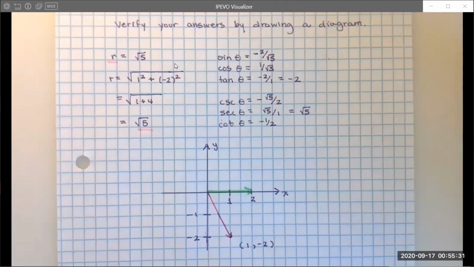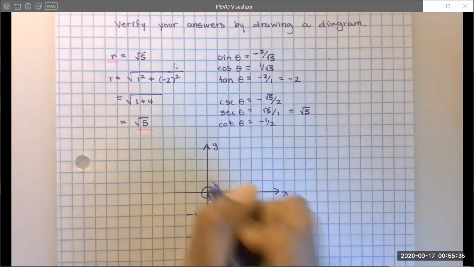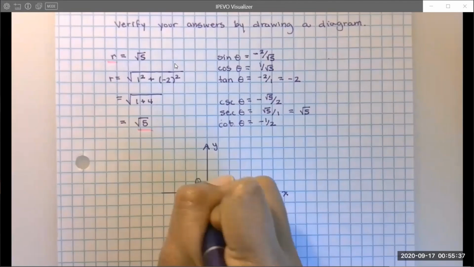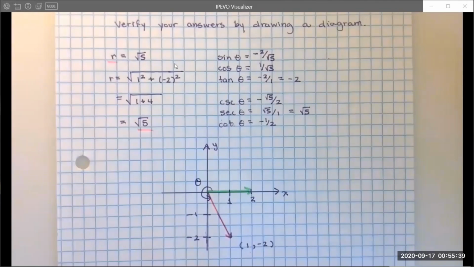Now we have to draw a reference angle because this is not acute. It terminates in quadrant number 4. So where is the reference angle between the terminal side and which part of the x-axis? The positive, yeah.